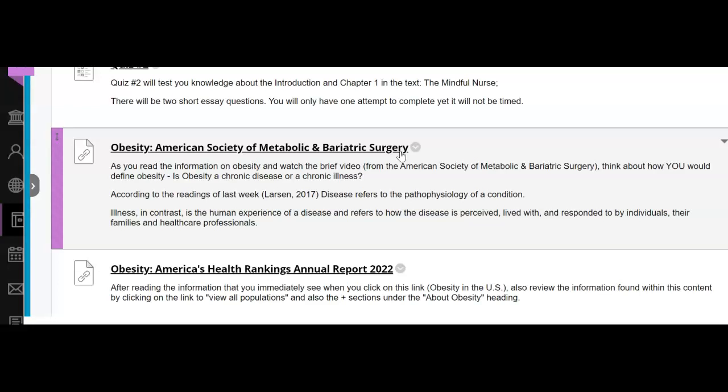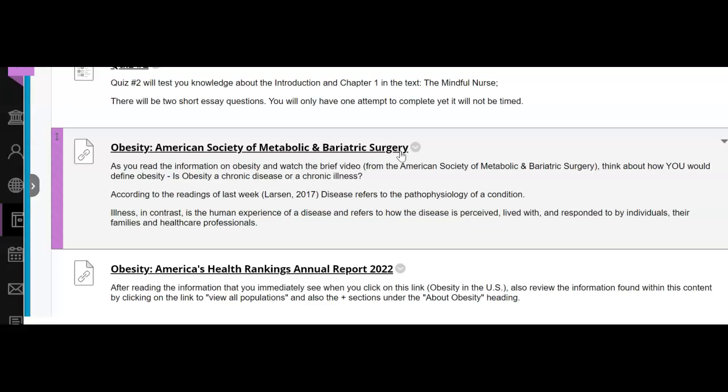And think about that for a minute, because in our first learning unit, we read pages 4 to 5, that the author very succinctly defined disease as referring to the pathophysiology of a condition.